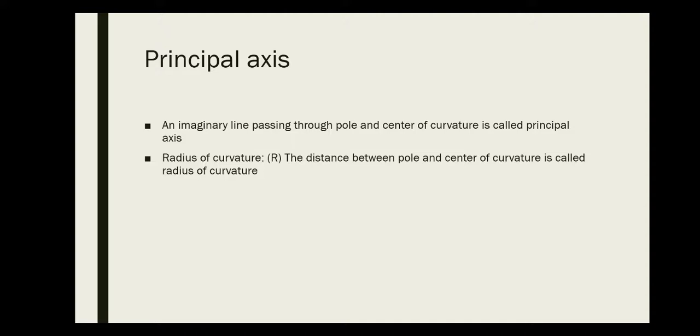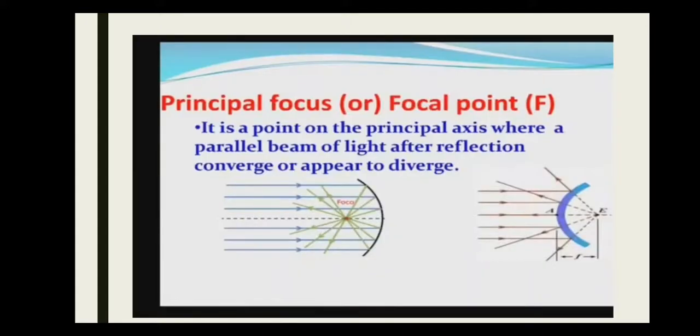Now see principal focus or focal point, capital F. It is a point on the principal axis where a parallel beam of light rays, after reflection, converge or appear to diverge. Converging or diverging.